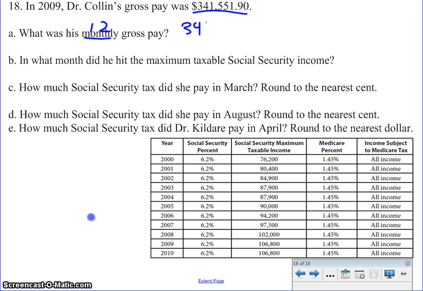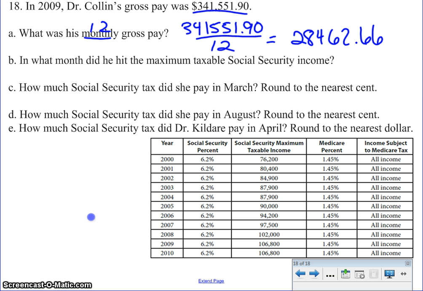So it's $341,551.90 divided by the 12 to break that down to 1 month. And we find that he earns $28,462.66 in 1 month.